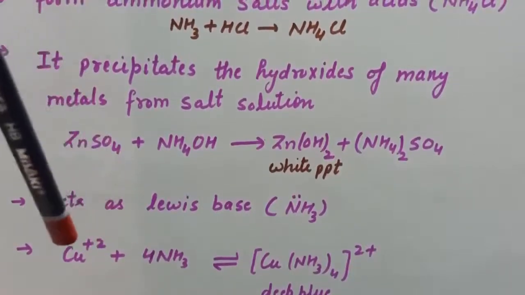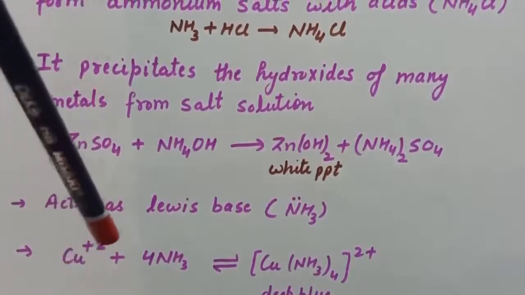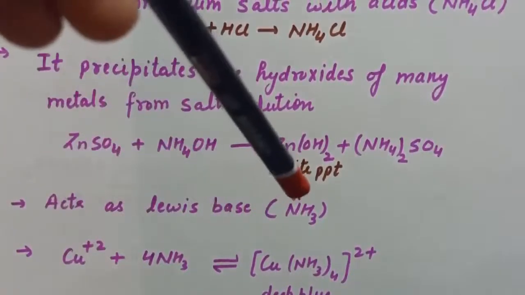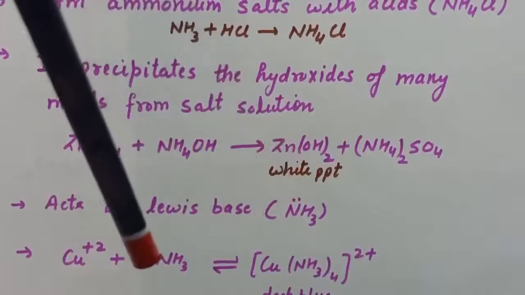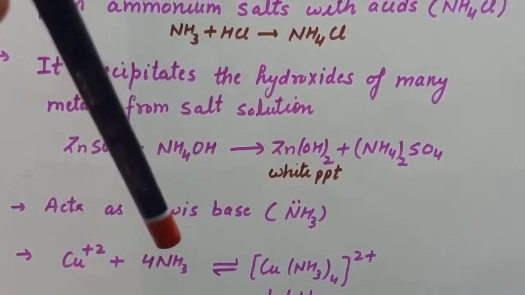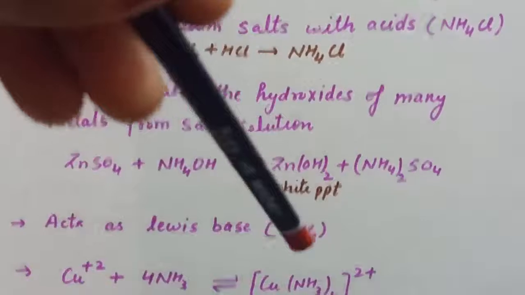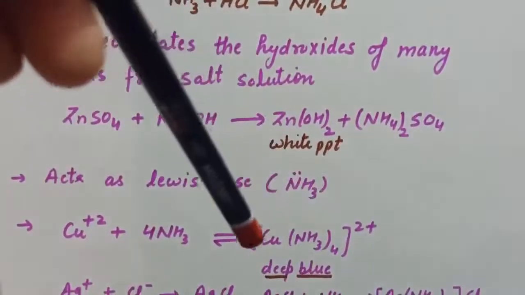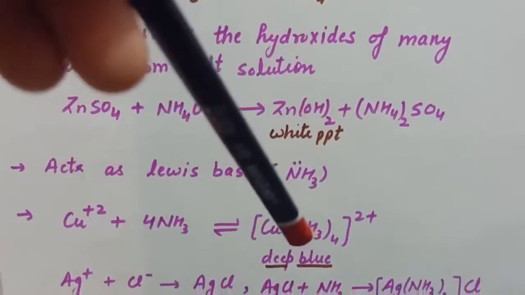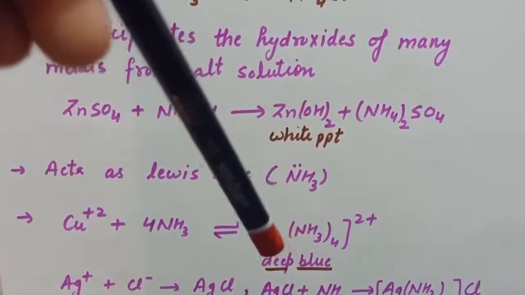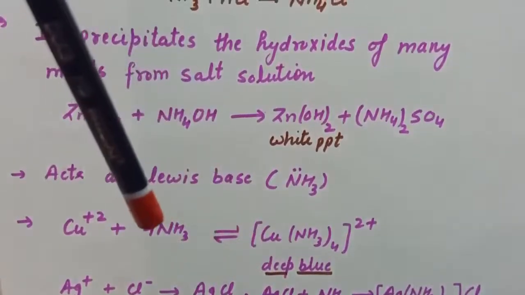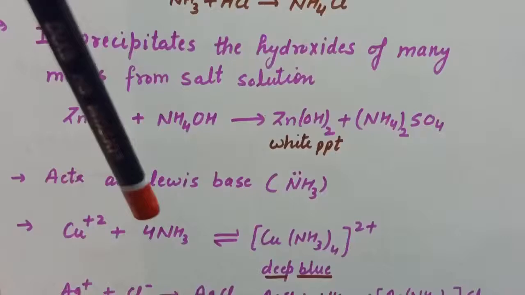For example, here we have copper 2+ ions, and ammonia contains a lone pair of electrons. So it will donate its lone pair of electrons to the copper, and this complex will form, and the color of this complex is deep blue. So we can say that it is useful in the detection of metal ions.